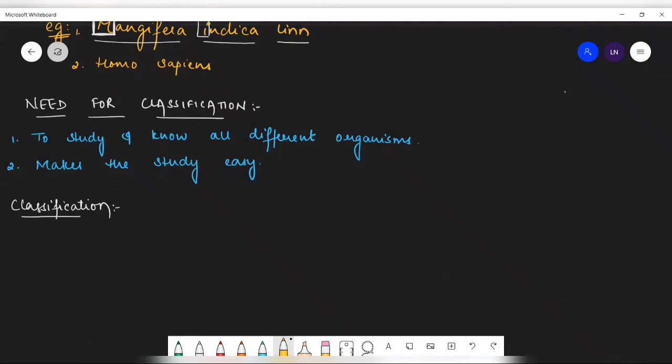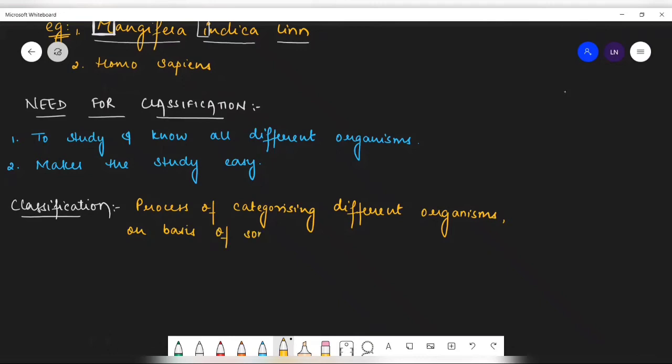It is the process of categorizing different organisms on the basis of some easily observable characters.